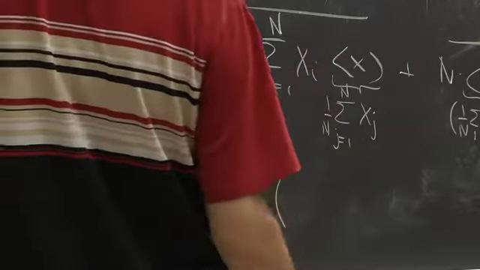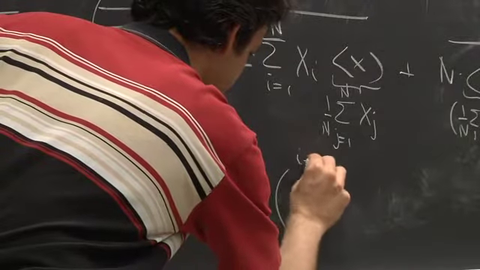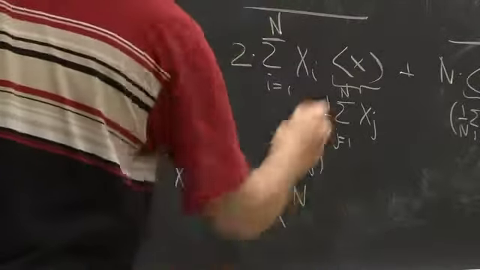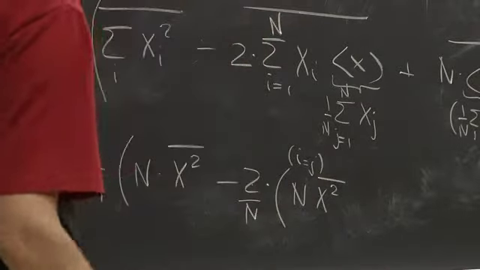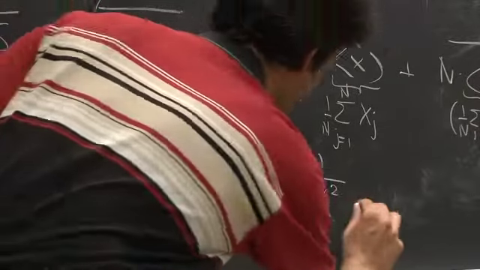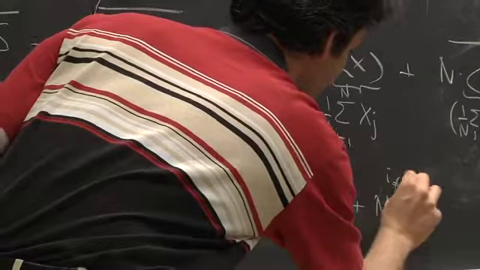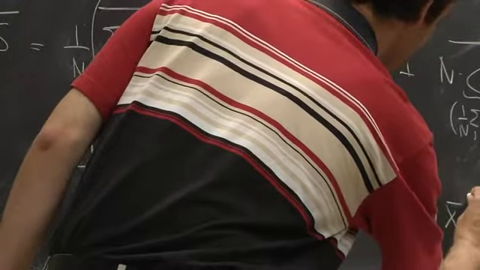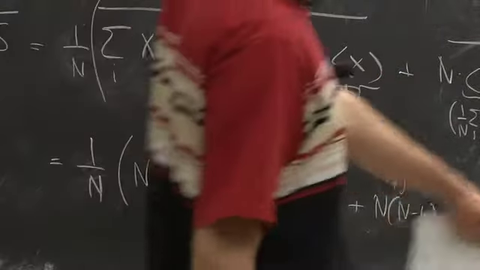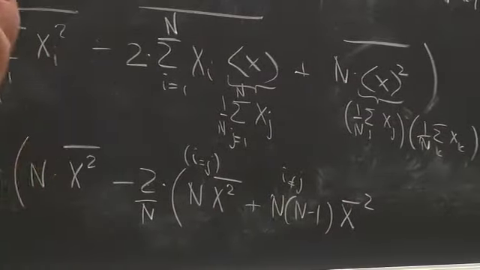If i is equal to j, I have n such terms. Okay, so this is the term from i equals to j. N such terms, and I get the average of xi squared. And then I have n times n minus 1 pairs where i is not equal to j. And for those, I get just x average squared, no? From this here, which is x squared. Is that clear?